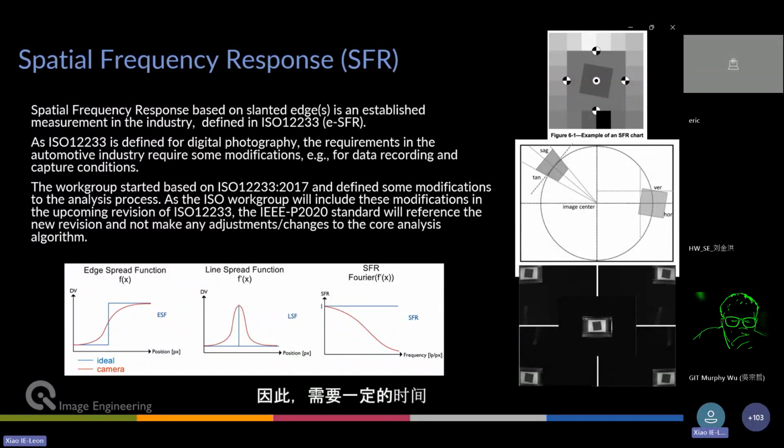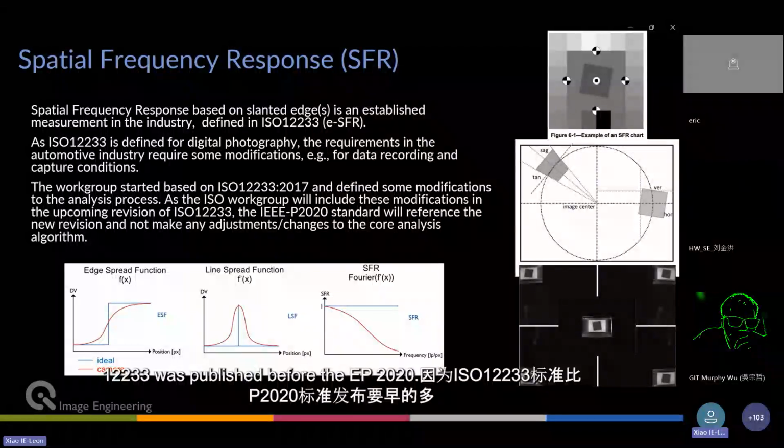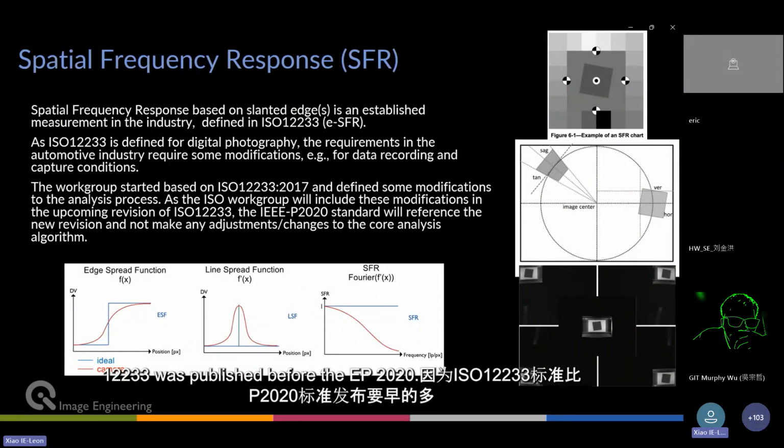While it took a while to develop P2020, and the ISO committee continued to work on ISO 12233, it is a case now that ISO 12233 was published before the IEEE P2020.